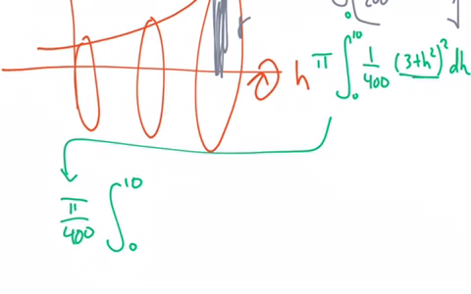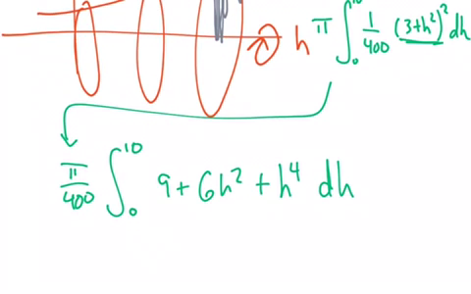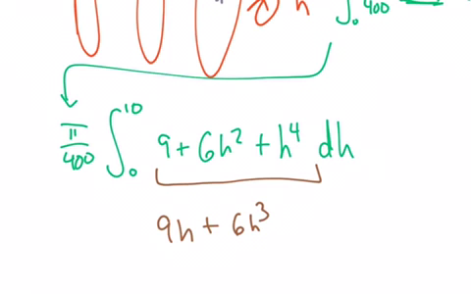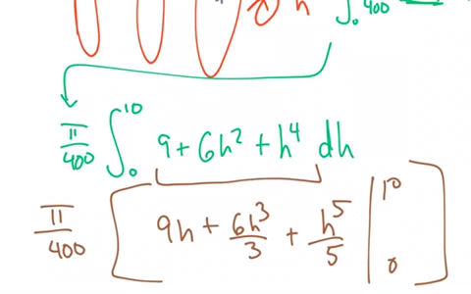I'm just going to FOIL that out: 9 plus 6h squared plus h to the 4th, because that is very easy to integrate. So this becomes 9h plus 6h cubed over 3 plus h to the 5th over 5, from 0 to 10. Once I'm done with all of that, I multiply by pi over 400.